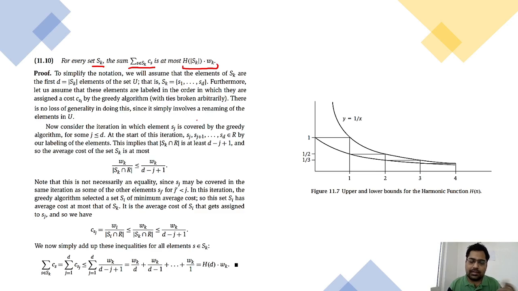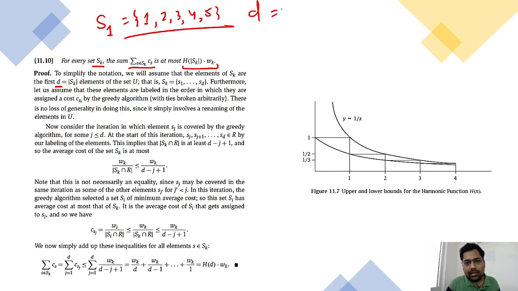Clear. This is a lemma or theorem, through which we should at least know what d means here. The d is the number of elements within the set. Suppose s1 is 1 2 3 4 5, so d represents the number of elements there, which is 5. This is the value of d.